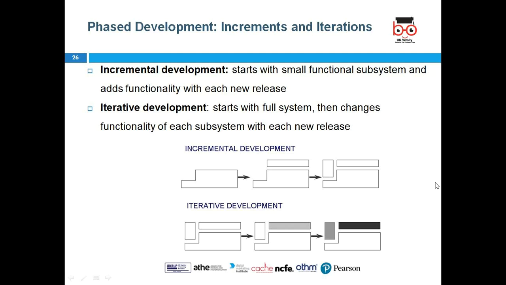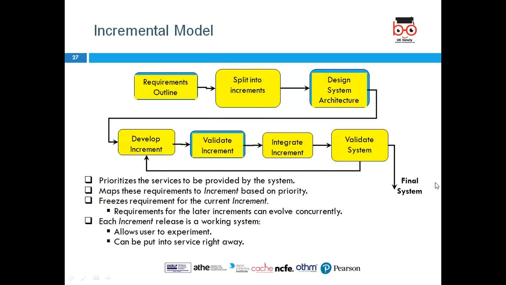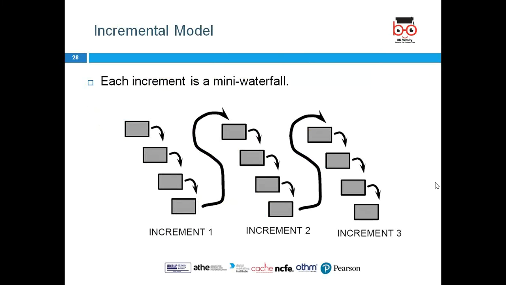Because the incremental is that you keep on adding the new components. Yep, that's correct. So maybe there could be different colors for these new increments instead of the same. Yes, that's correct.